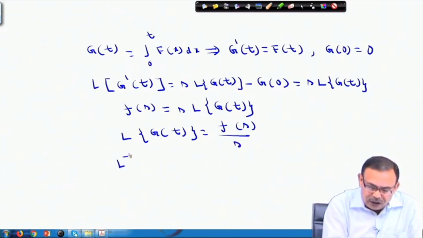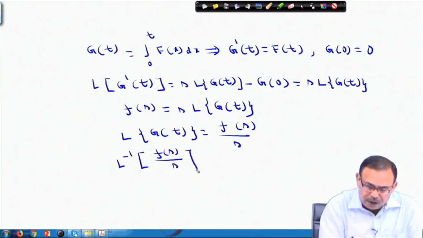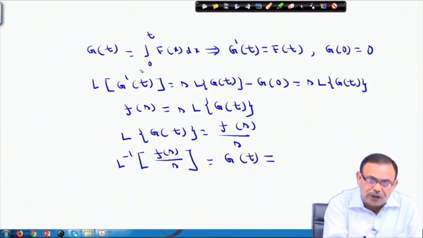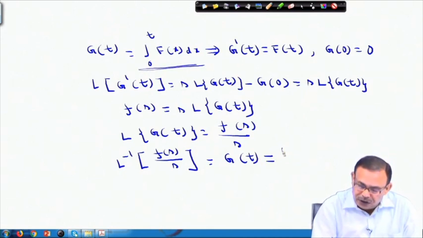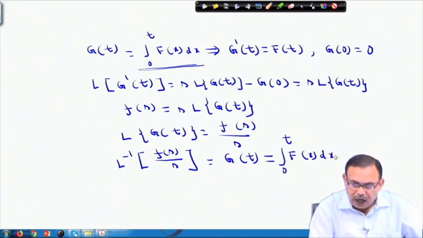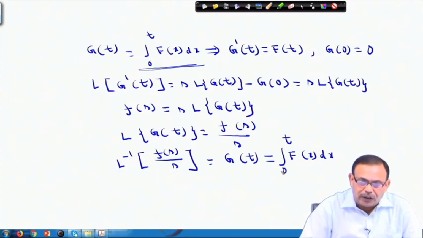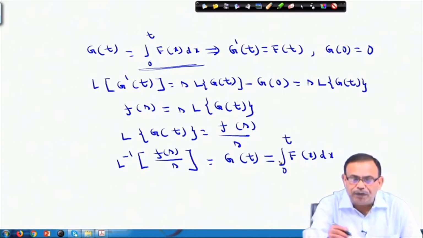Once I write this, Laplace inverse of F(s)/s equals g(t). And what is g(t)? g(t) is nothing but integral 0 to t f(x) dx, and this completes the proof of this particular theorem: if this is given, then Laplace inverse of F(s)/s equals integral 0 to t f(x) dx, where Laplace inverse of F(s) equals f(t).